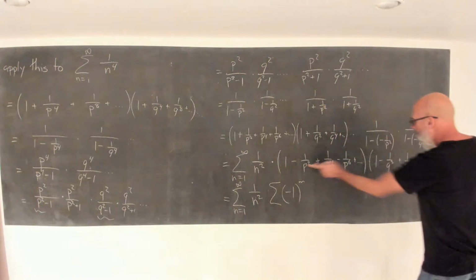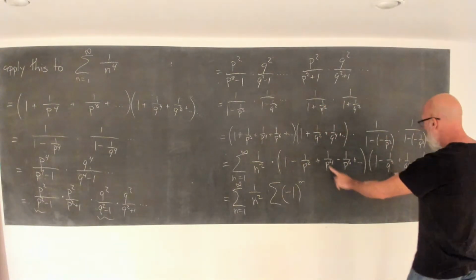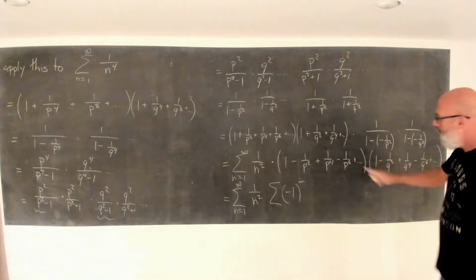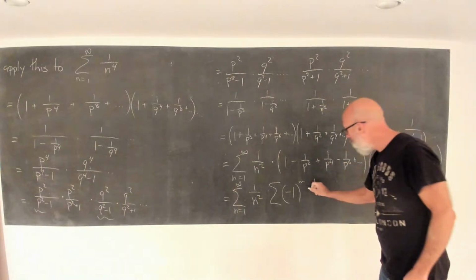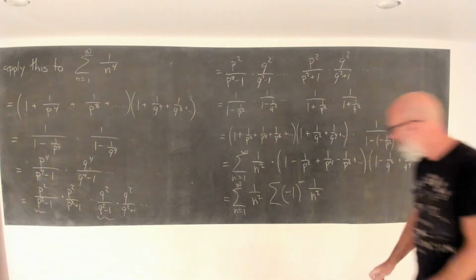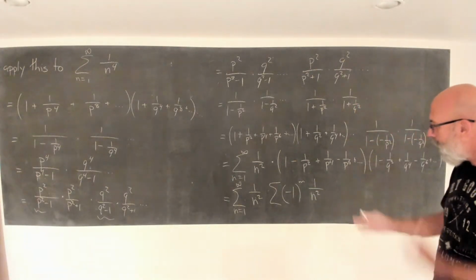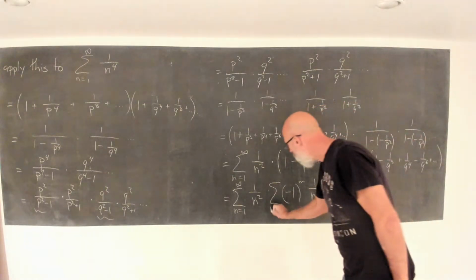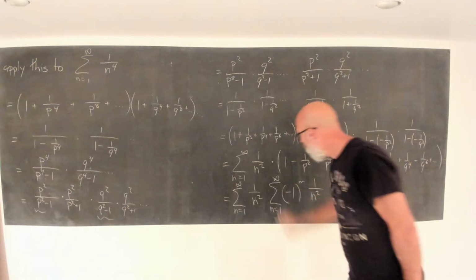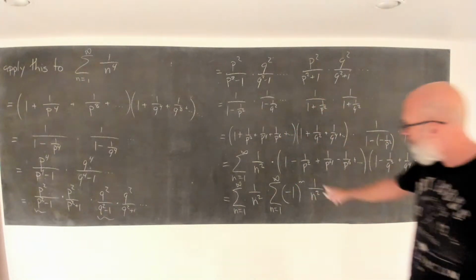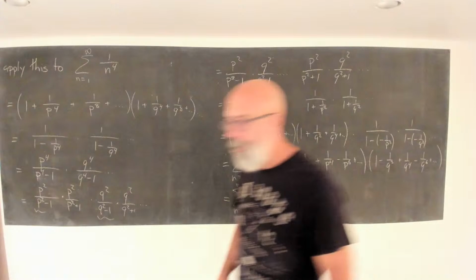And then you're going to get denominators that are something squared, so it's going to be 1 over n squared. And then you've got some power here that you're not really sure about. So the question is, what is that something?